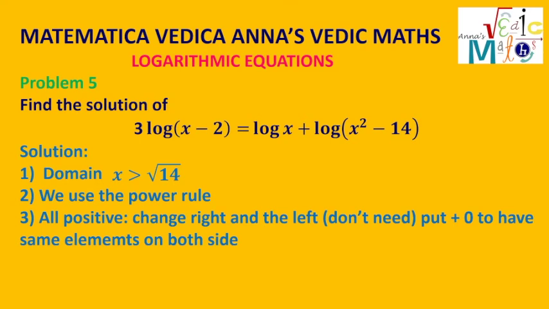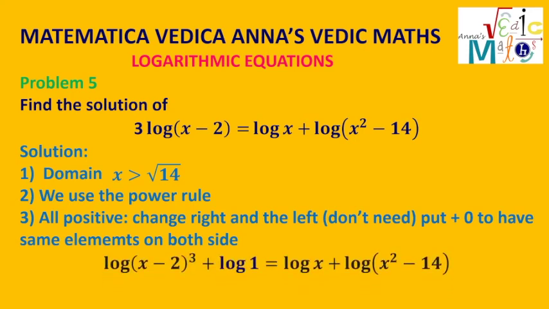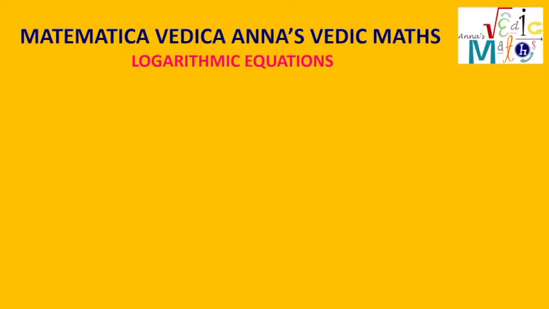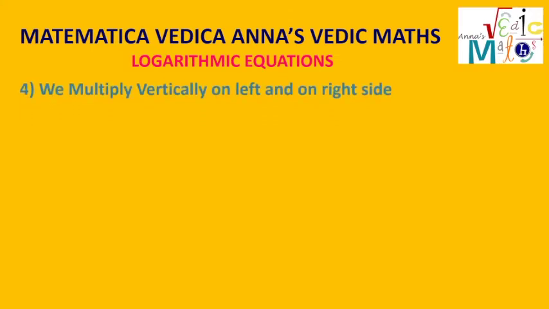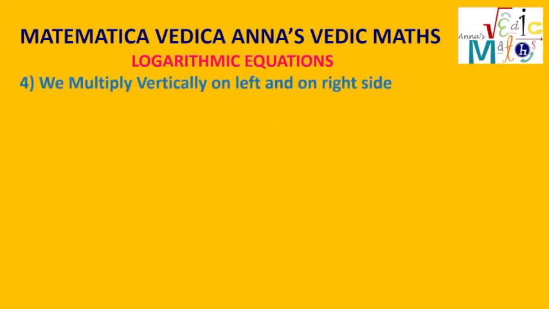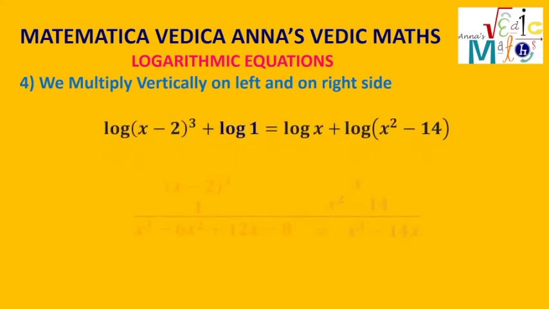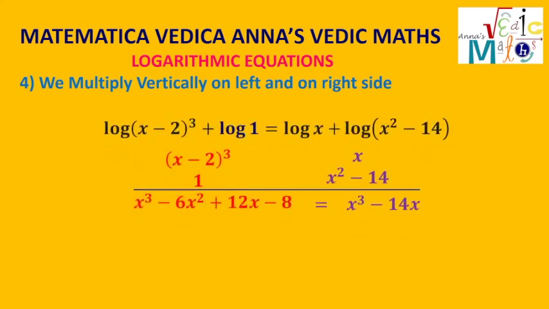We only need to put a 0 to have the same quantity of elements on both sides. So we put a log 1, that means 0, on the left side. In this case, we need only to multiply vertically the arguments on the left side and on the right side, because we have 1 on the left and x on the right.